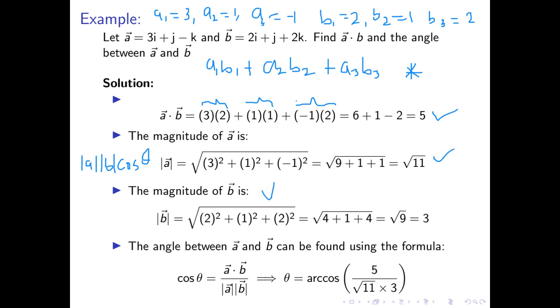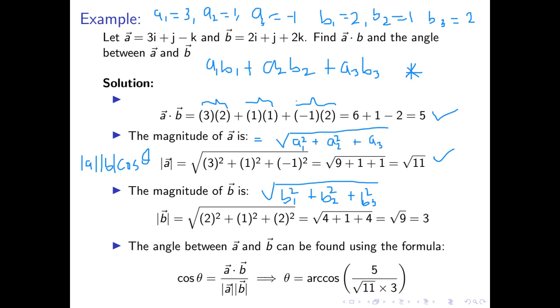The magnitude of B is the square root of B1 square plus B2 square plus B3 square. And the same thing applies to the magnitude of A. It is the square root of A1 square plus A2 square plus A3 square.